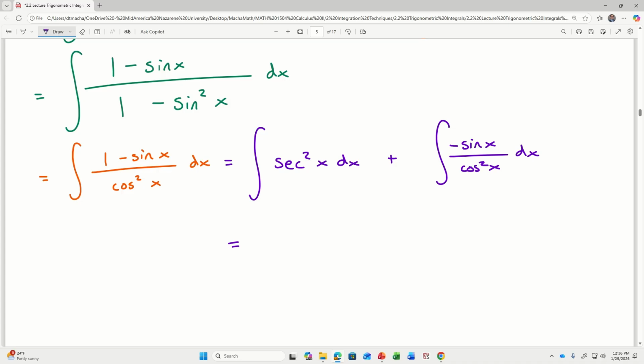There's no tricks here. It's just the derivative of something gives you secant squared. Tangent. The derivative of tangent gives you secant squared. So that means the antiderivative of secant squared is tangent. And the second part, I would recommend a u substitution. What is that u?